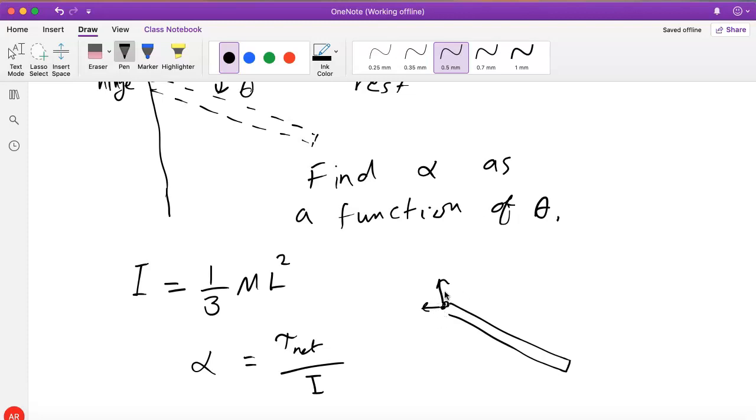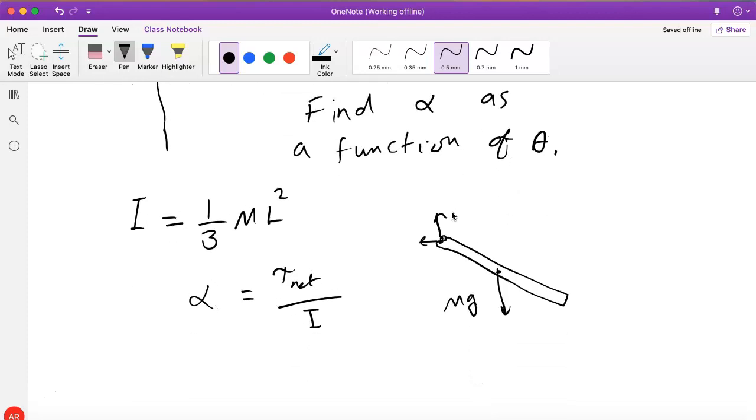There's definitely no torque at the hinge, assuming there's no friction there. And then the only other force is gravity, which is downward, and it's mg. So these forces that go through the hinge don't do anything. By not doing anything, I mean they don't have a torque around the hinge because the distance is 0. And there's no other force, right? There's gravity, and there are some contact forces at the hinge.